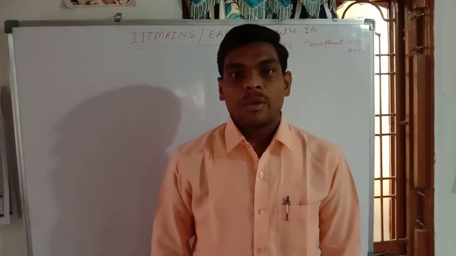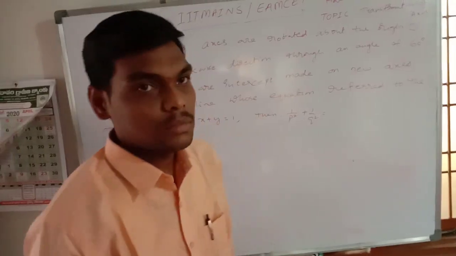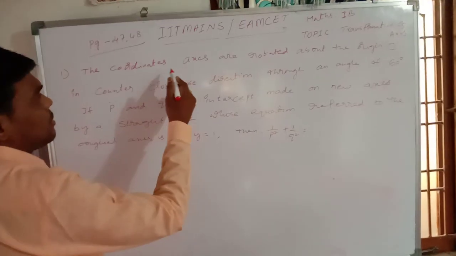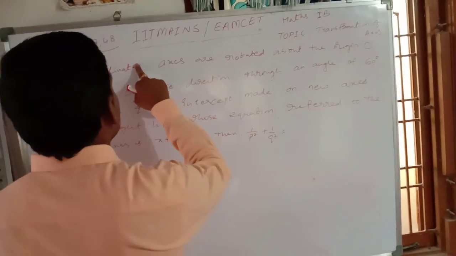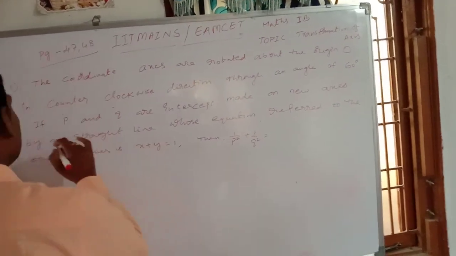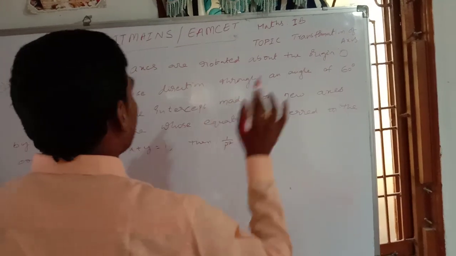Now start some important problems, for JEE Mains or EAMCET. The coordinate axes are rotated about the origin O in the counterclockwise direction through an angle of 60 degrees.